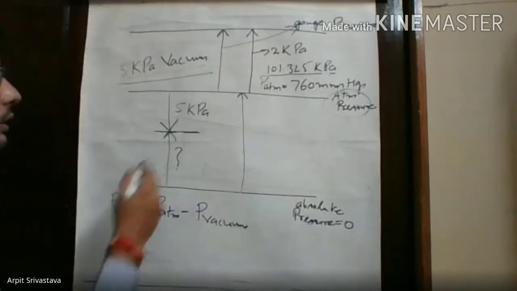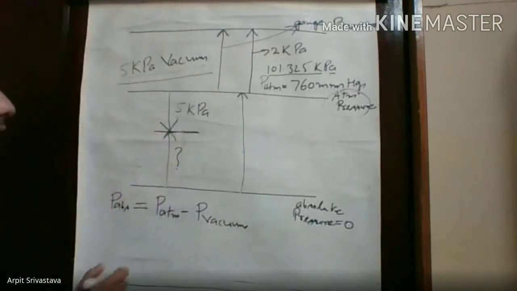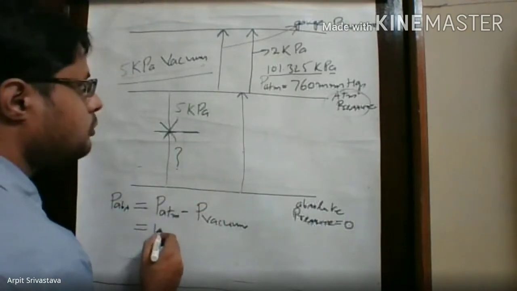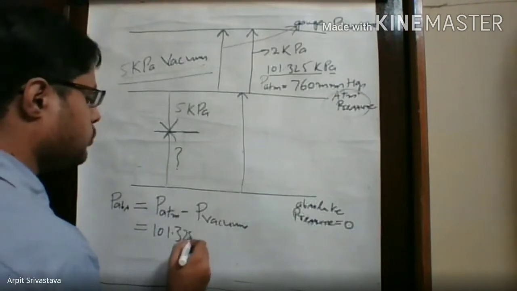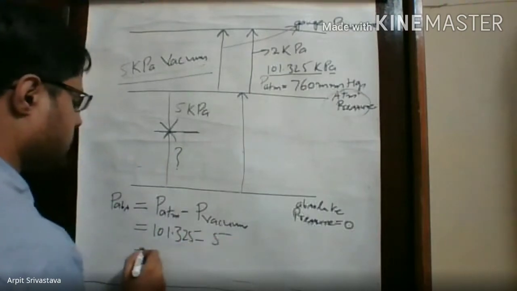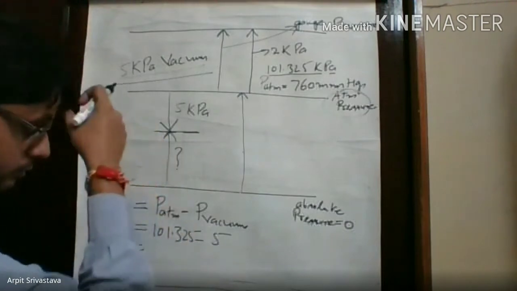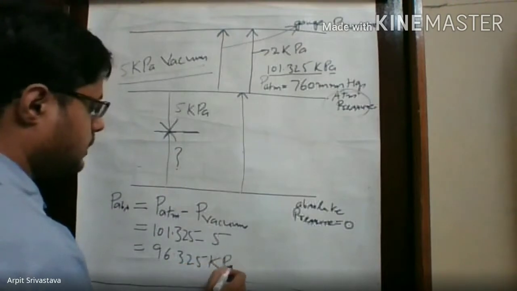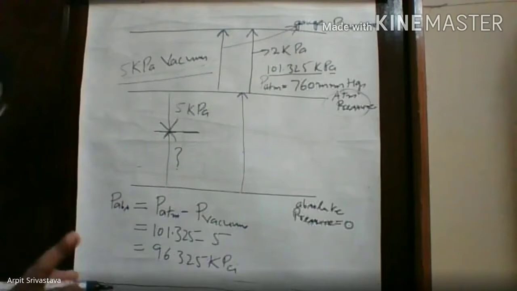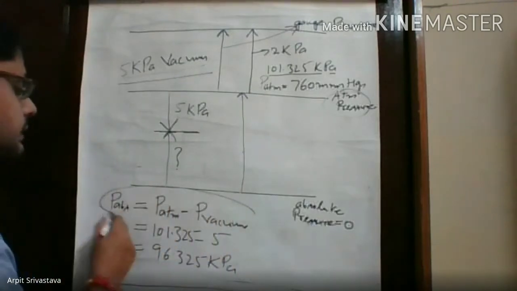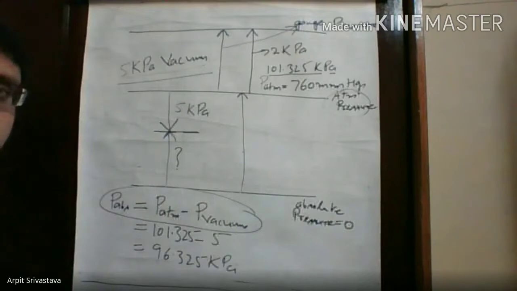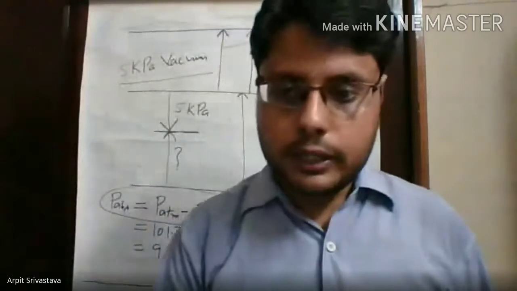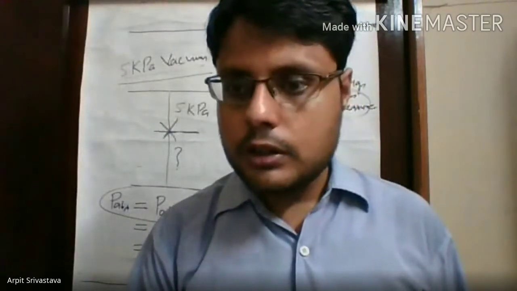Here, if this is 5 kilopascal, we can easily calculate 101.325 minus 5, that is 96.325 kilopascal. That is the P absolute value. So for the vacuum pressure case, this is our expression. Now we again move towards our slide.